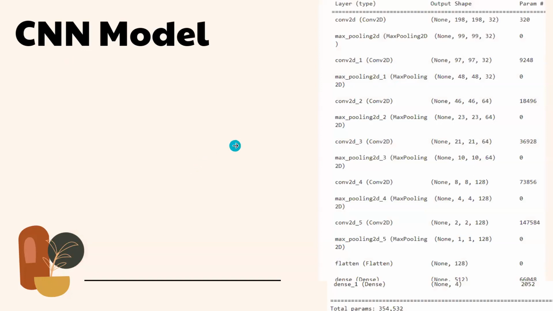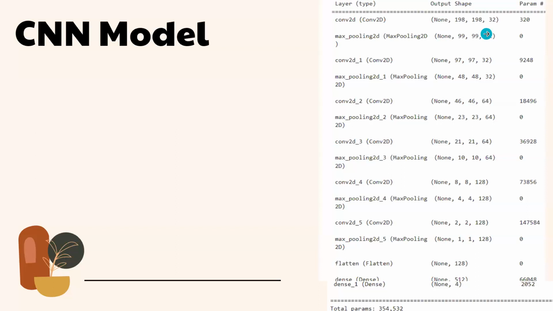So this is my model. I have used six layers, of which five are repeated once, but I have repeated two layers alternately.